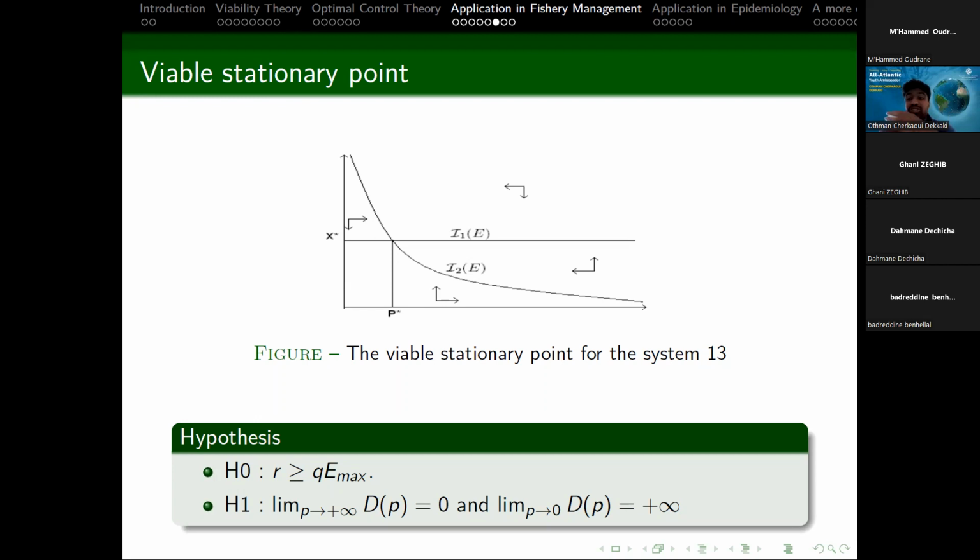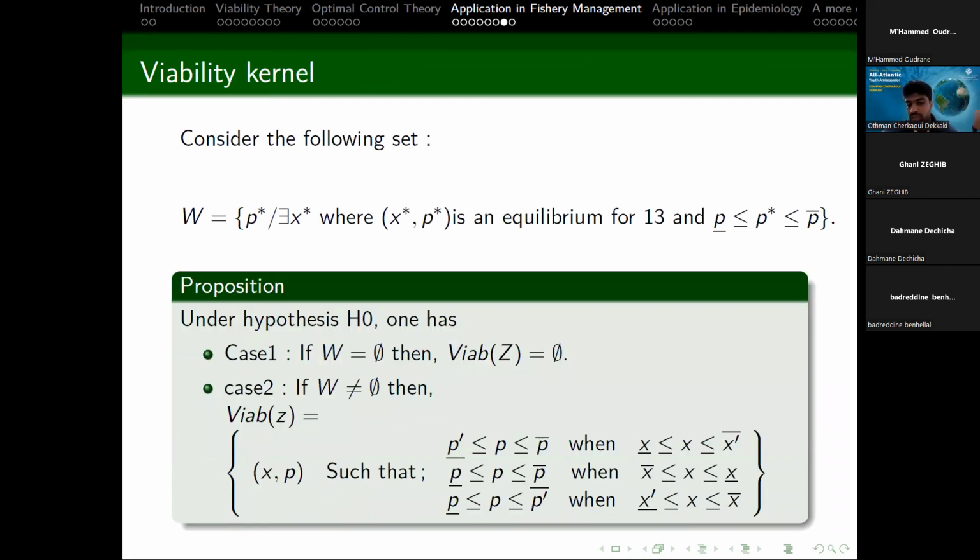When something is very expensive, the demand is lower. When something is very cheap, the demand is absolutely enormous. And we're going to find the following cases for the viability kernel. You'll find the case where the viability kernel is an empty set.